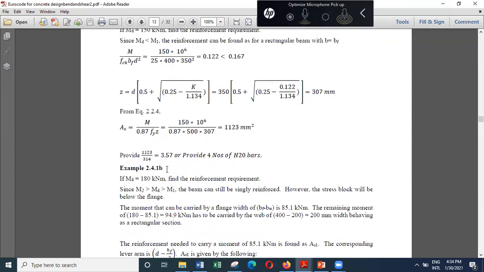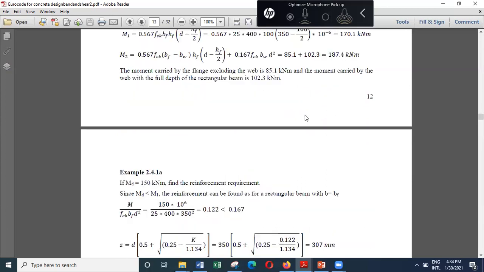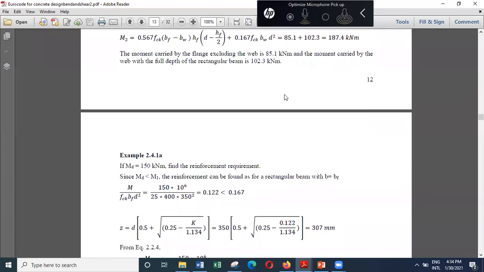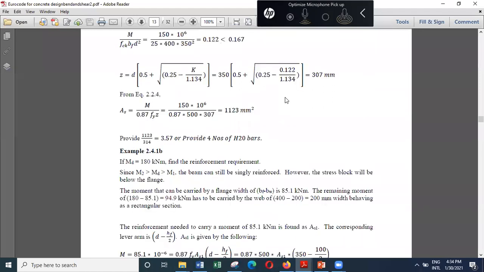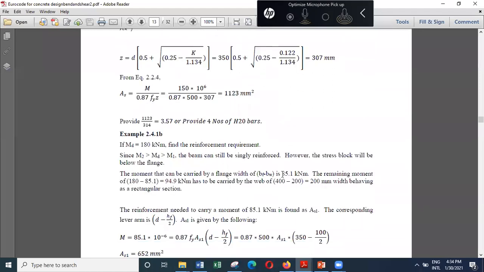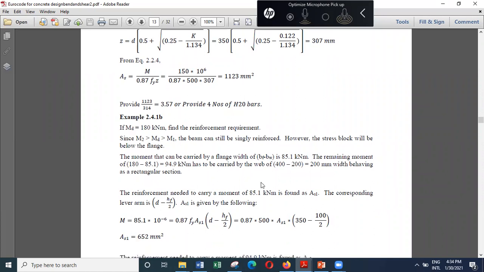So what we do is, if the moment is 180, then first we'll remove this one, 85.1, and then the remaining moment has to be carried by the rectangular section. So 94.9 has to be carried by the rectangular section.